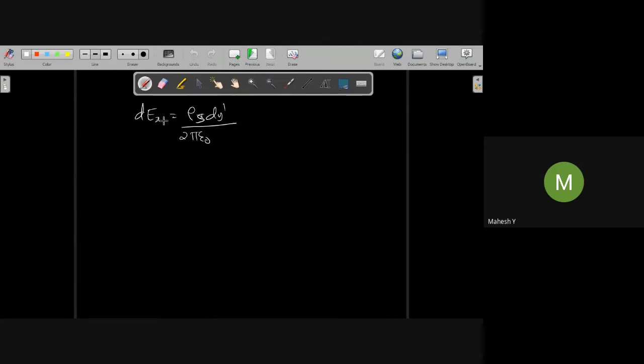So it will be x square plus y prime square, into x, right? So this is dEx.